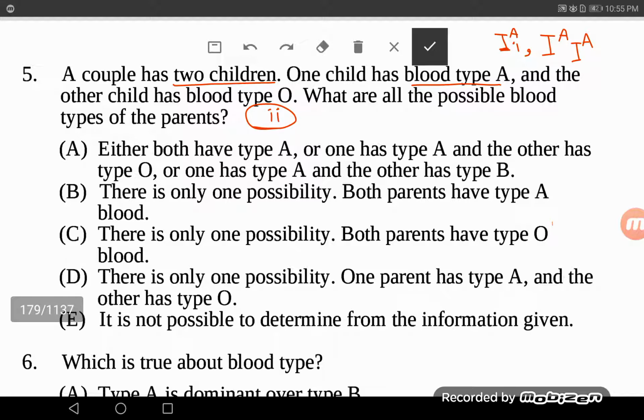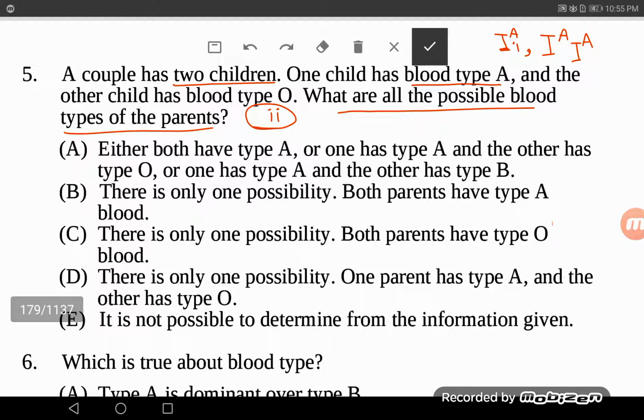What are the possible blood types of their parents? These are the possible blood groups for the babies that we have, so we have to think about the blood groups of the parents.